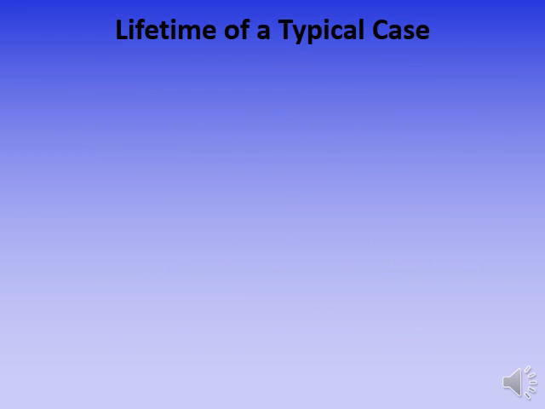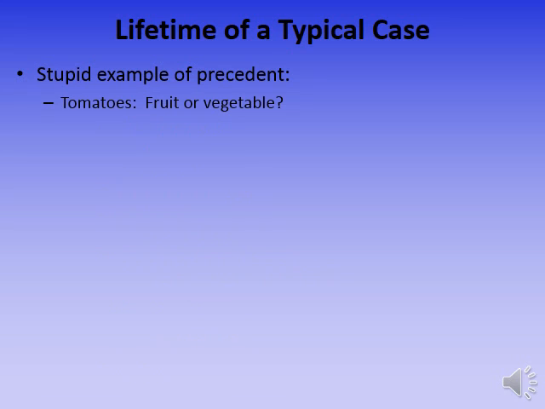To illustrate how stare decisis works in practice, I'm going to give you an admittedly stupid example. And I do things like that from time to time. So in our stupid example, we will be deciding the issue, is a tomato a fruit or a vegetable? And I've actually heard this debated by some fairly smart people before, so apparently it is a bone of contention.